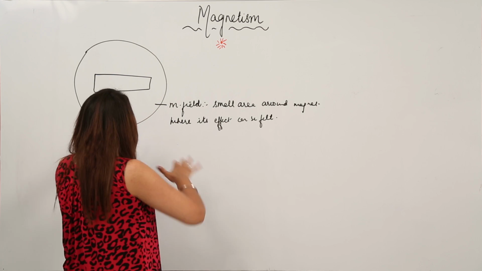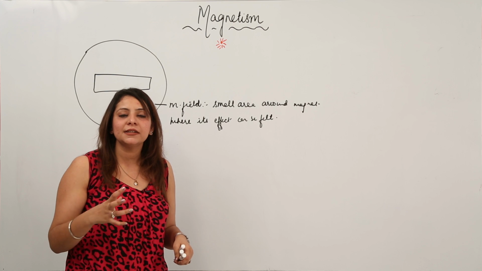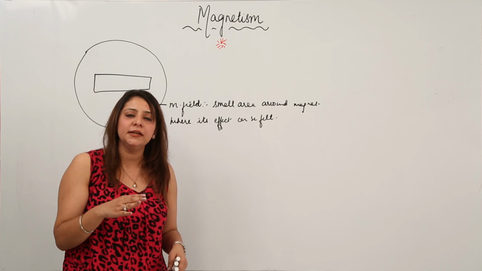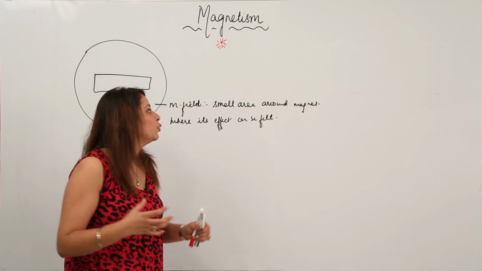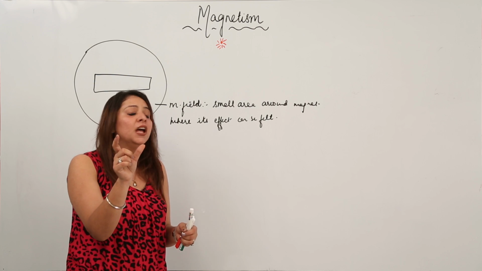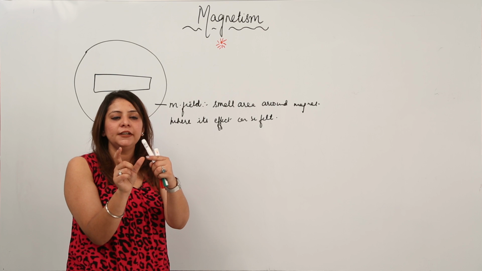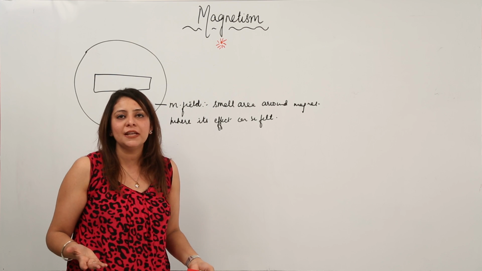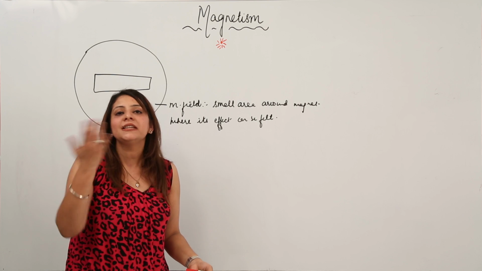Now, you cannot see the area around the magnet, as it is an imaginary area, although the area is already present, but you cannot see to how much extent. Suppose I have a magnet, I cannot say that the magnetic field is still here or still here. We cannot see that.